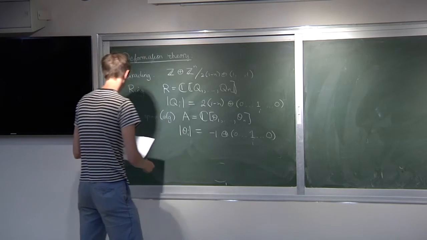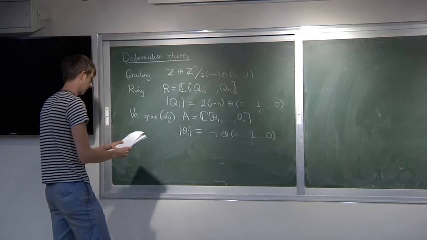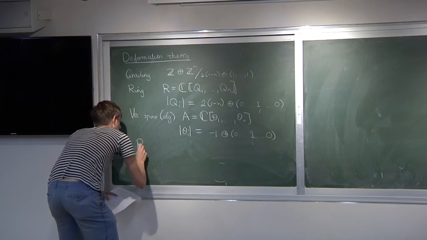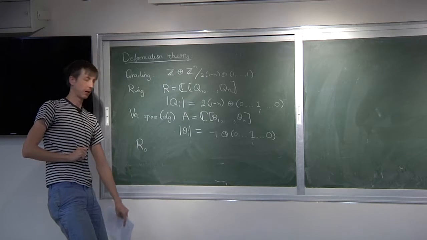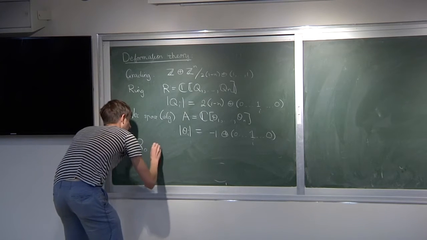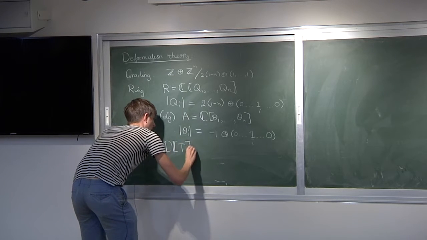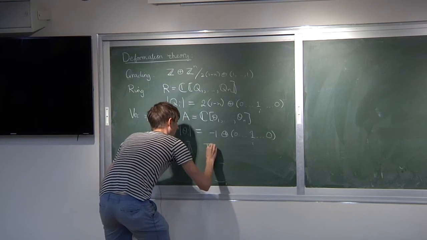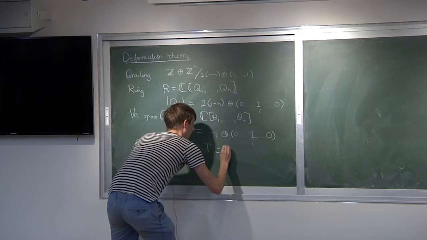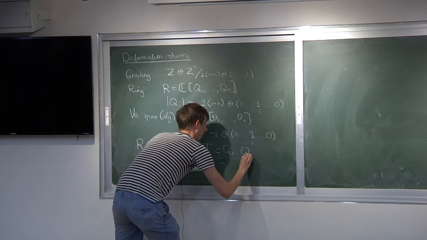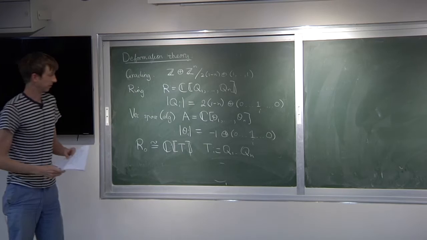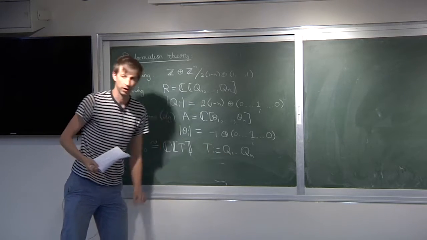So note the degree 0 part of this ring is the formal power series ring generated by this variable.